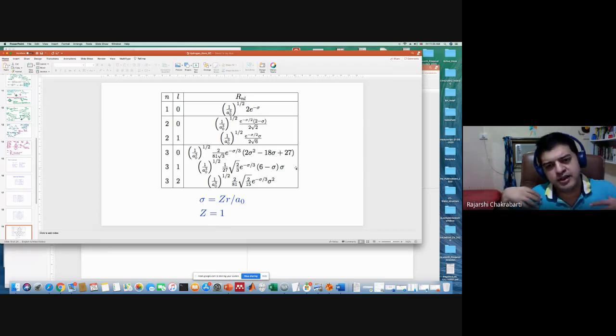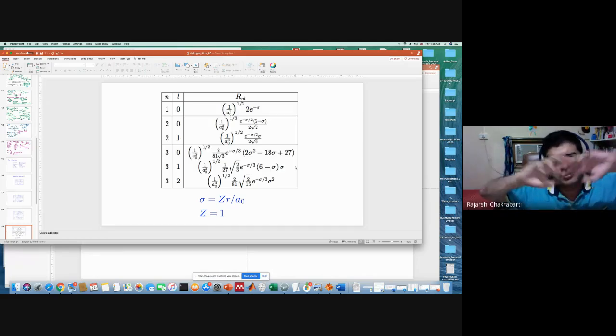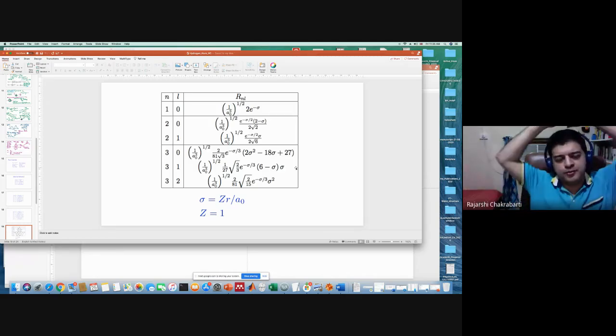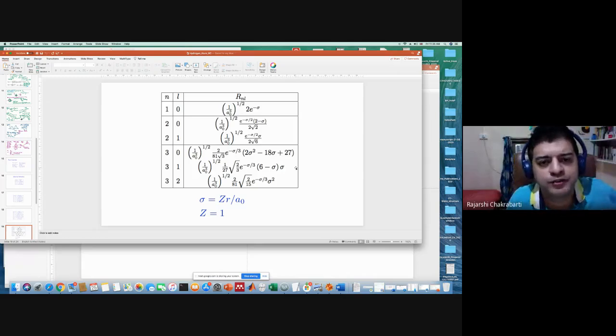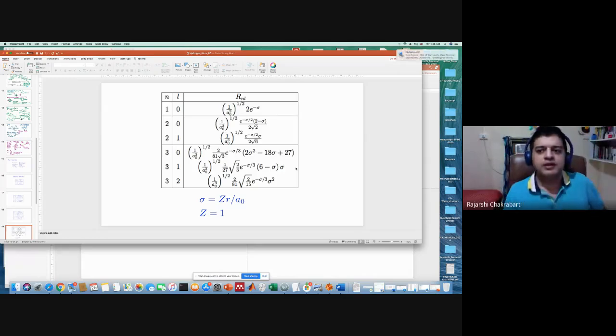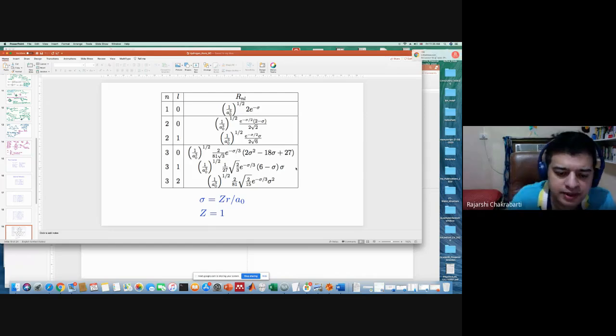We don't take plus minus 1, we take linear combinations. So there are 3 possibilities for pz, whether 2pz, 3pz, 4pz does not matter. So we know the functional form of the angular part of the p orbital.